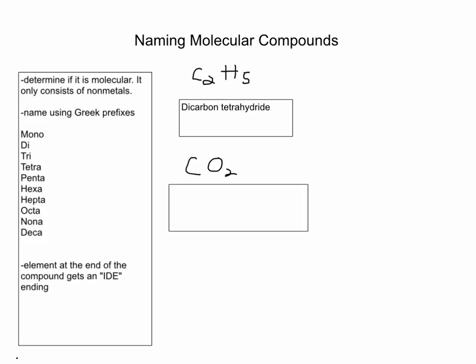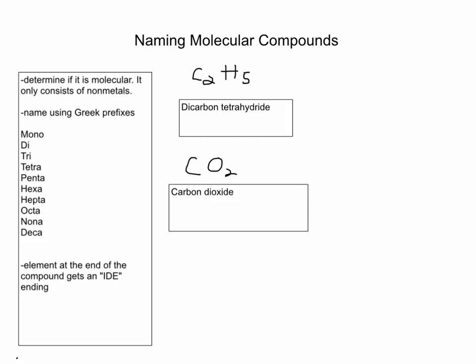In this case, I have a carbon and 2 oxygens. Well, carbon, there's 1 carbon, so you would think I would use mono. The thing is, elements at the beginning, if there's only 1, do not get the mono prefix. So we'll actually just say carbon, and then we have 2 oxygens, so we'll write dioxide.